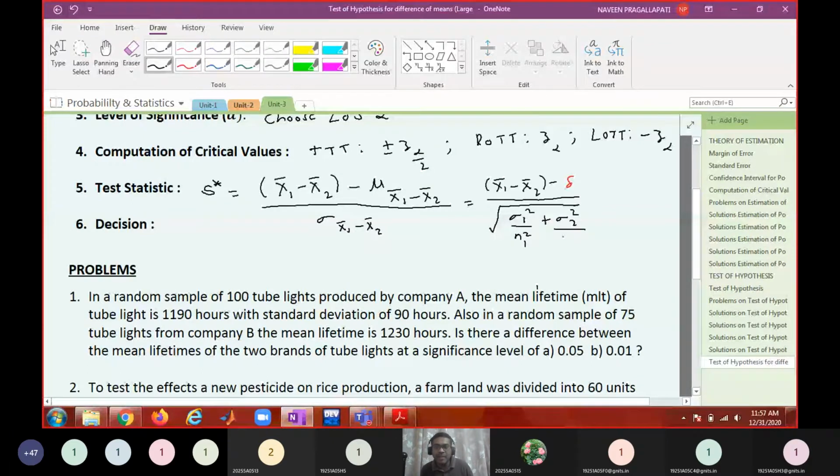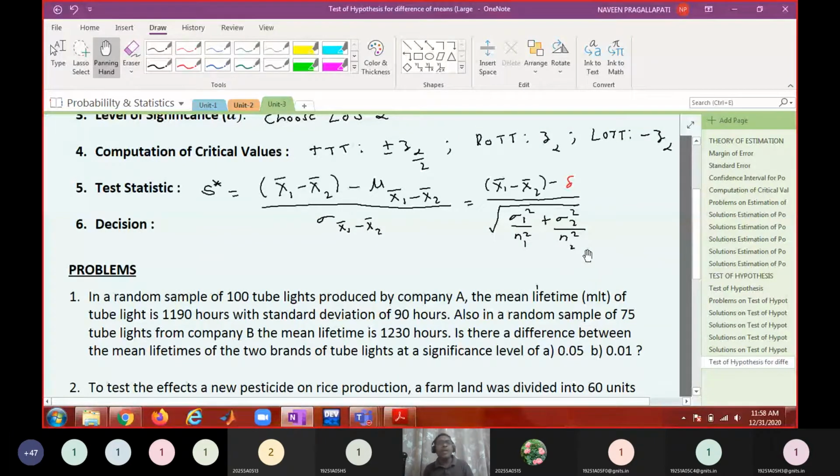Can you tell me what are sigma 1 and sigma 2? Sigma 1 square is the first population variance. Sigma 2 square is the second population variance. What is n1? The size of the sample taken from the first population. And n2 is the sample size taken from the second population.